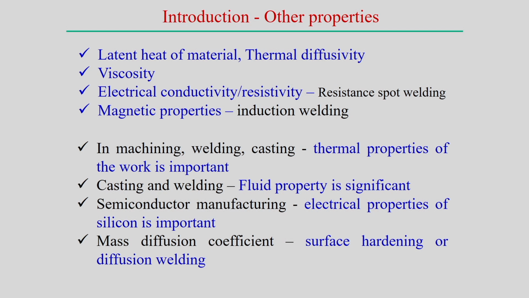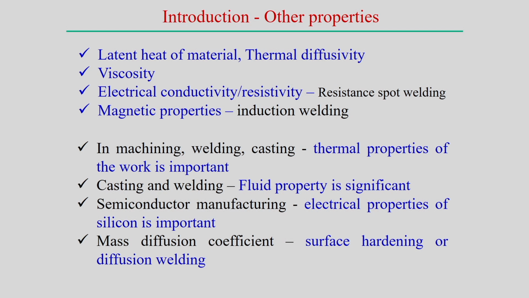Then, thermal diffusivity is one significant parameter which is often used in heat transfer analysis. Then viscosity: if we want to look into fluid flow analysis, then the viscosity property is necessary.